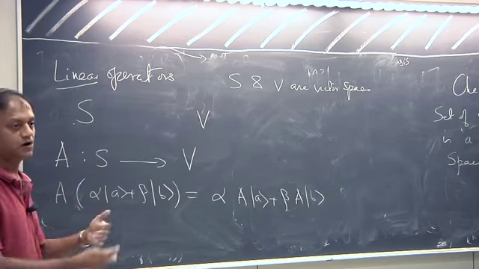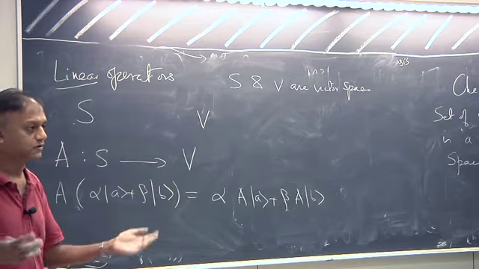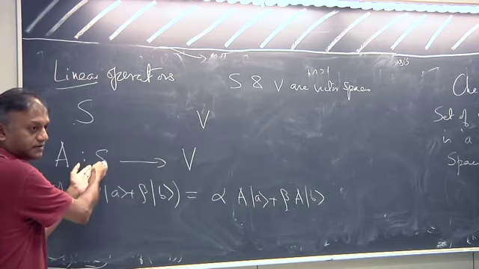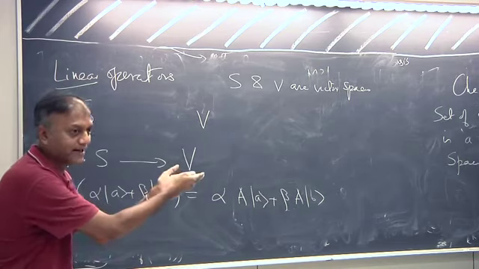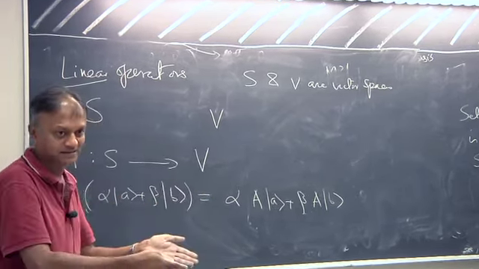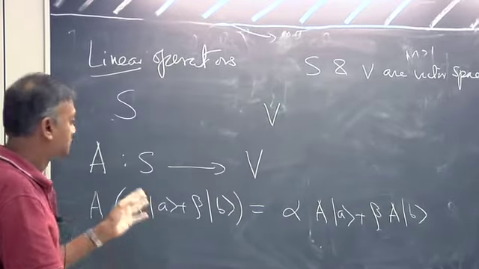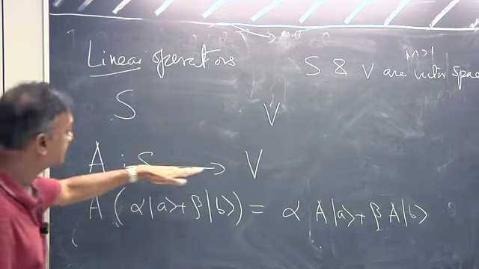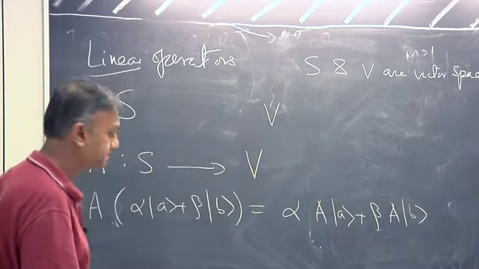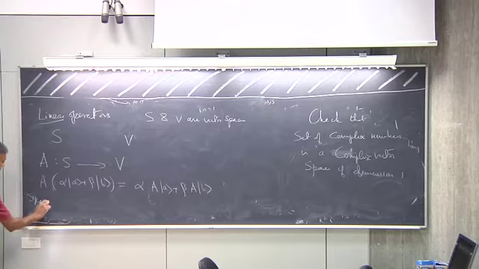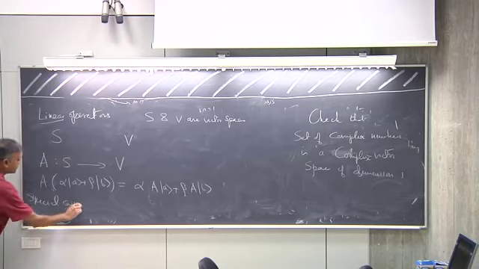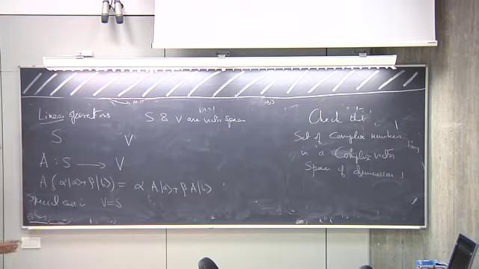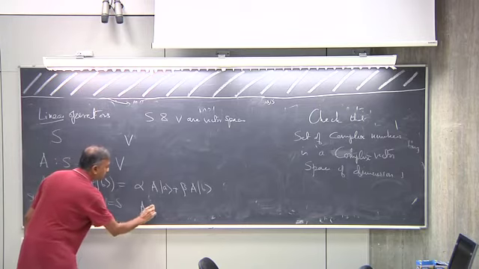And A will be all the possible operators, Hamiltonian or whatever operators you have. When they act on the vector state, it will give you again a state in the same Hilbert space, right? So in quantum mechanics, the application which appears is when S is equal to V. So the special case is when V and S are the same, so that the map is from S to itself.